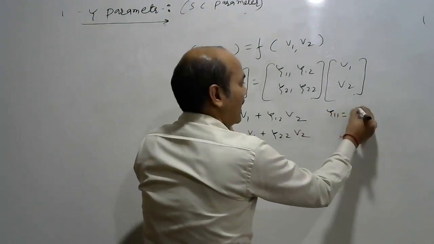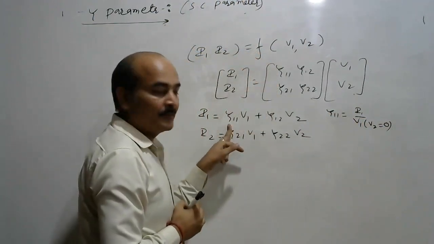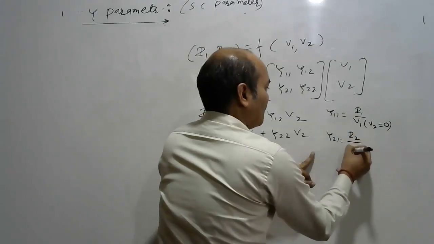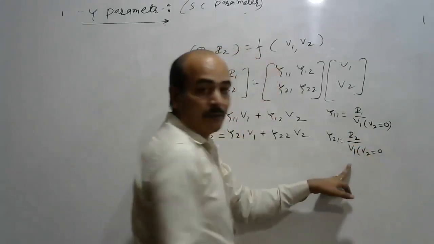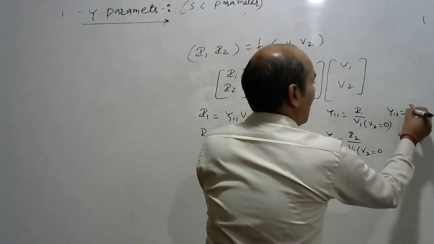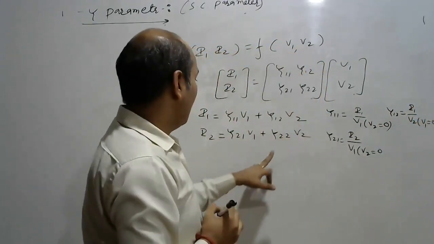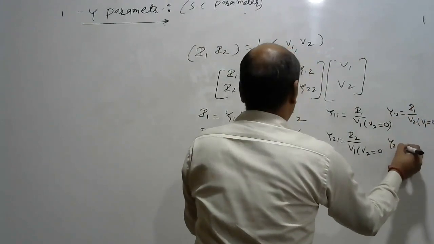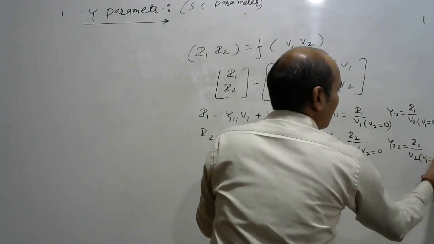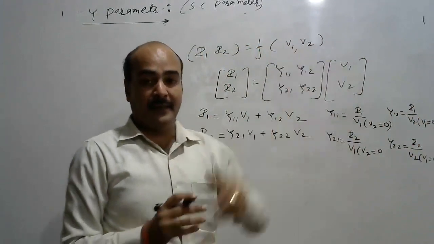Y11 is defined as I1 upon V1 with V2 equal to 0, and y21 is I2 upon V1 with V2 equal to 0, and y12 is I1 upon V2 with V1 equal to 0, and y22 is I2 over V2 with V1 equal to 0. Okay, these are my 4 parameters.